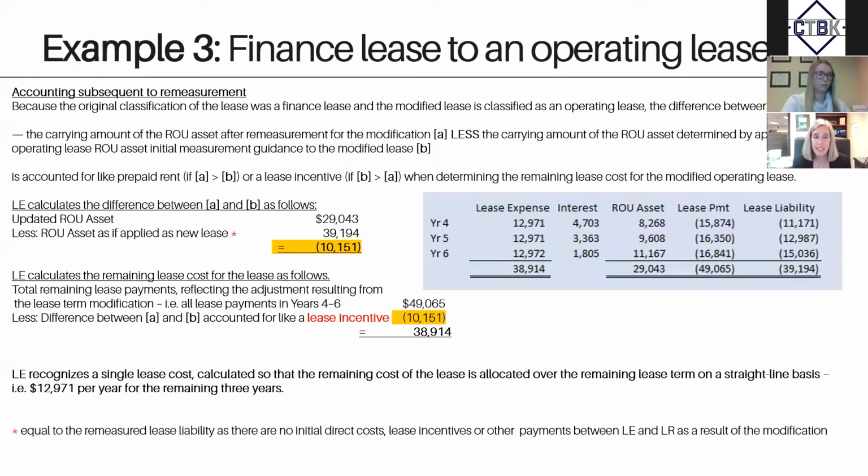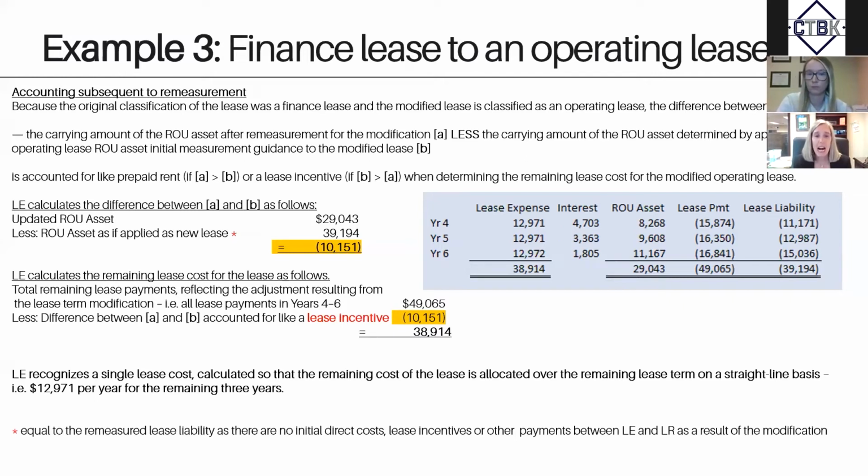Continuing on in that example, that slide that came with the little letter A that talked about that lease incentive or prepaid rent. Here's the second part of it that we'll actually walk through. As mentioned before, now that I've remeasured my lease liability, my updated right of use asset is the $29,043.